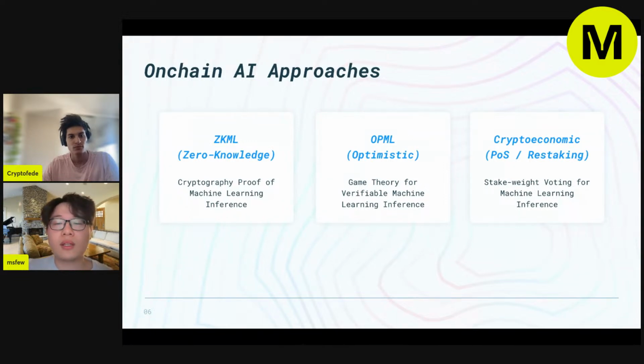It's very easy to bootstrap, because they only need a node software. They don't need to build up an entirely new zkML algorithm or OPML challenge system to start with. So I think it's all about flexibility.